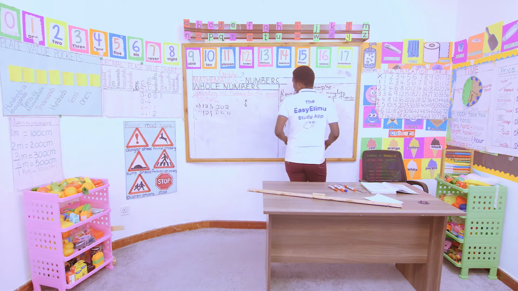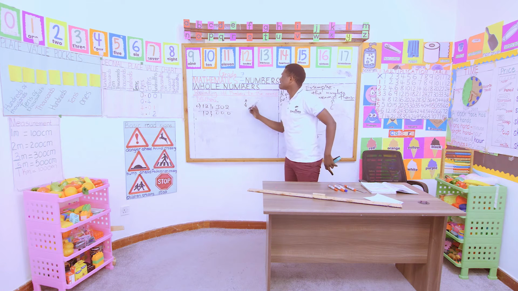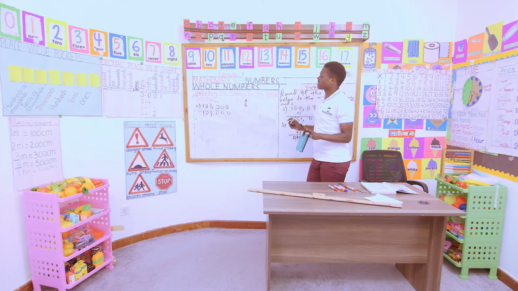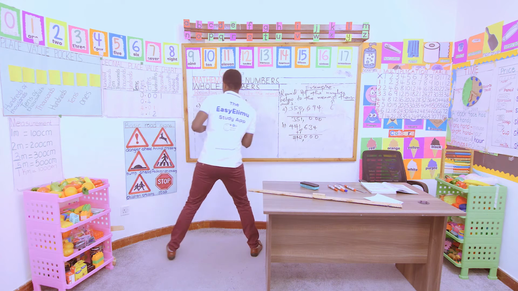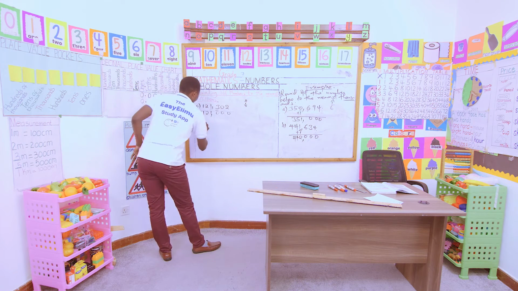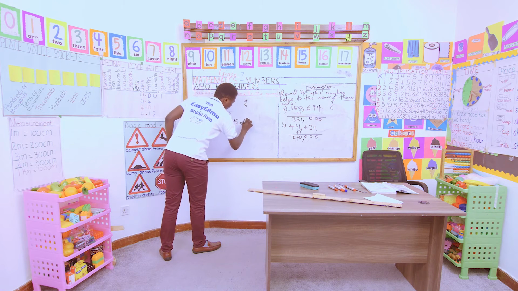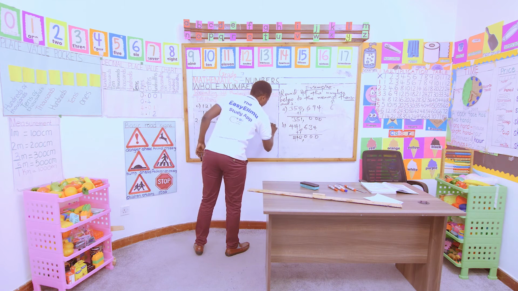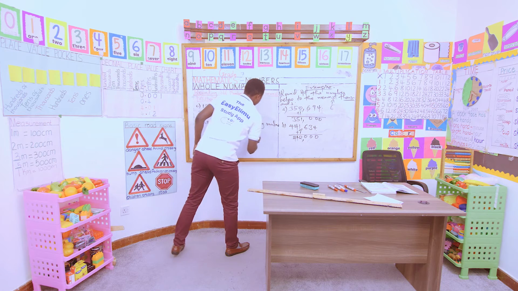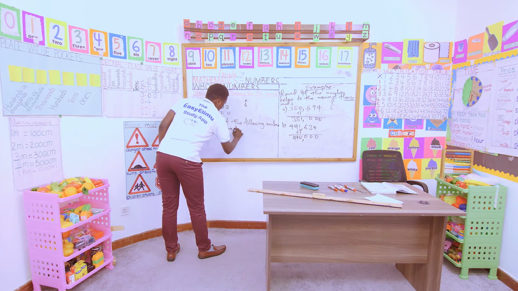Good. That's encouraging. Now, our topic today, or substrand, is rounding off to the nearest millions. Now let us look at an example on how to round up a number to the nearest millions. This was number 1. Let's have number 2. Round off the following numbers to the nearest millions.